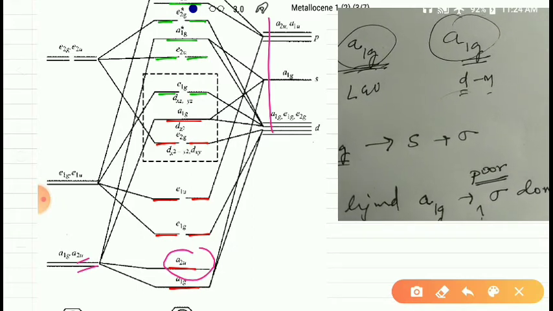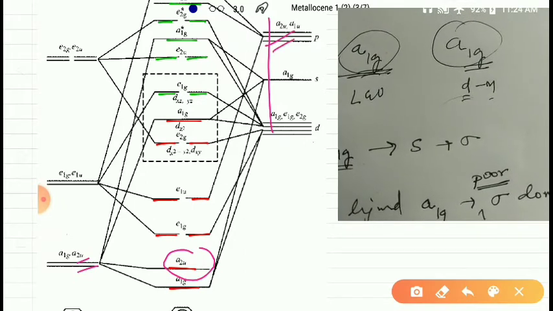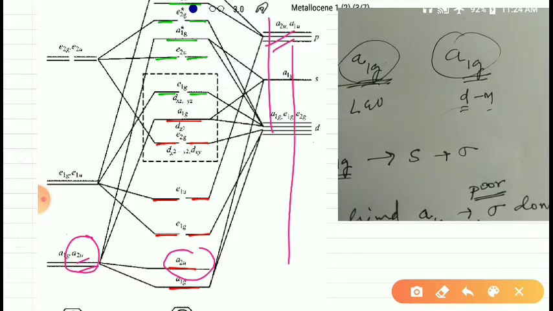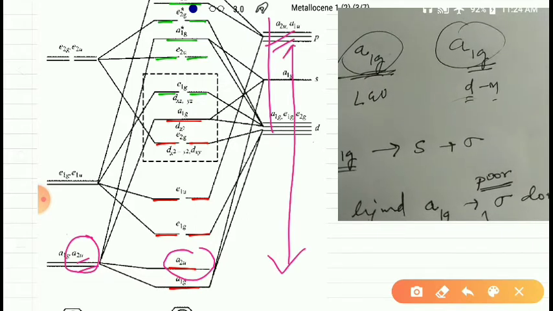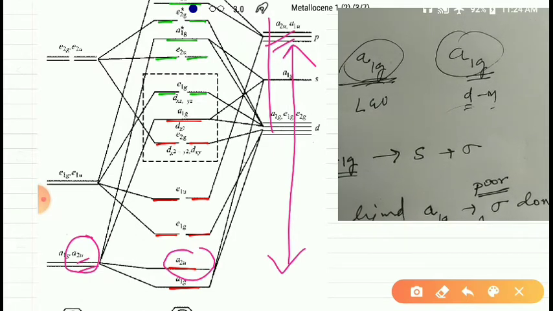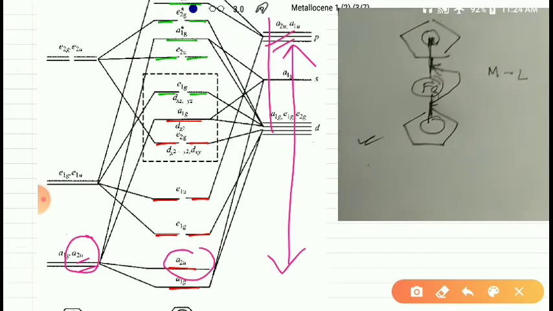Or actually, A2u is present here, but the difference of energy is very high. So they also will not contribute to the stability of the metal and ligand bond.